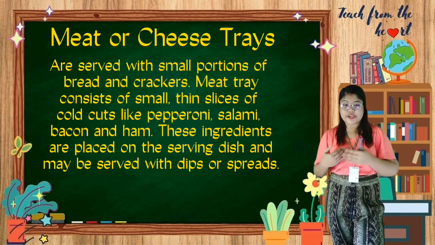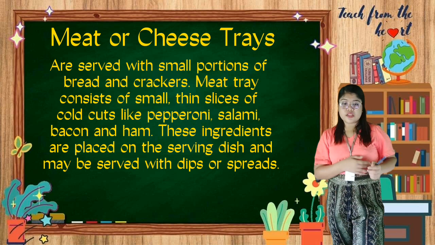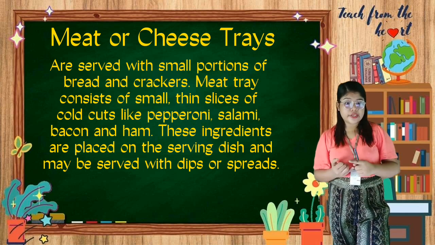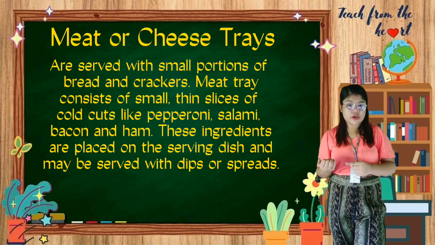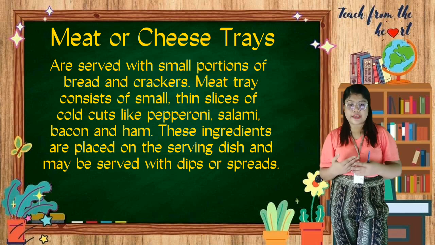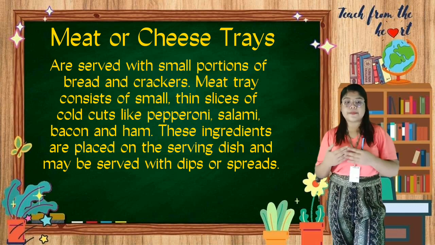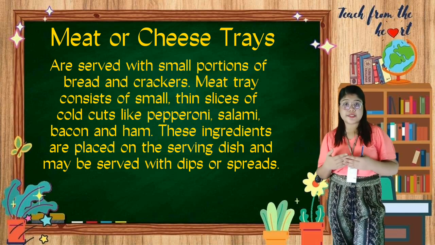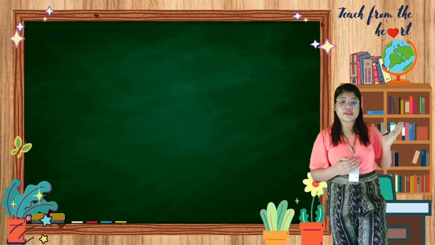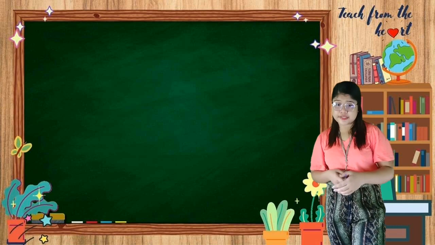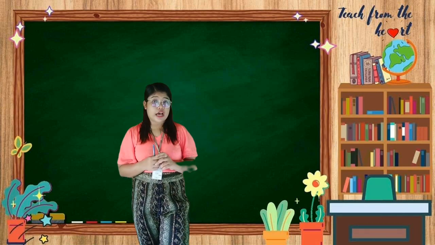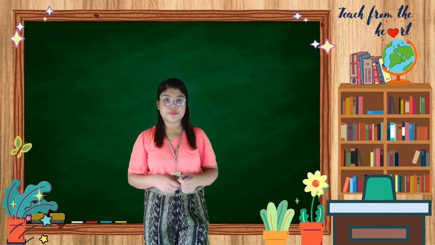Meat tray consists of small, thin slices of cold cuts like pepperoni, salami, bacon, and ham. These ingredients are placed on the serving dish and may be served with dips and spreads. So these are meat or cheese trays. So I think this is the last type of appetizer.